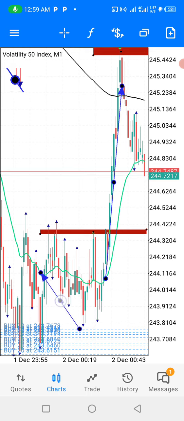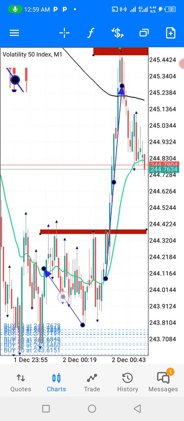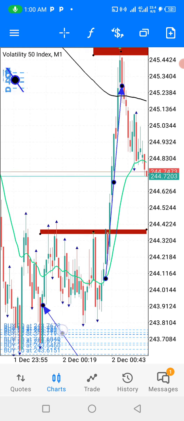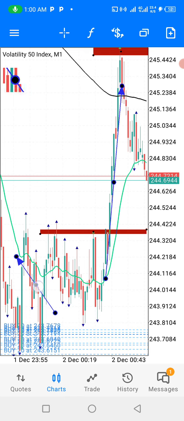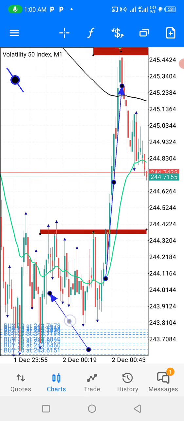And when it is somewhere here, you'll be like, okay, because the price is below the moving average, I'm going to sell. Then you will sell, because when price is below the moving average, it is indicating selling. Now you will sell. Then what happened?